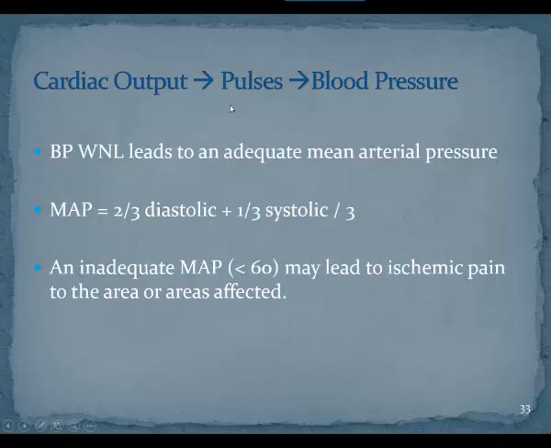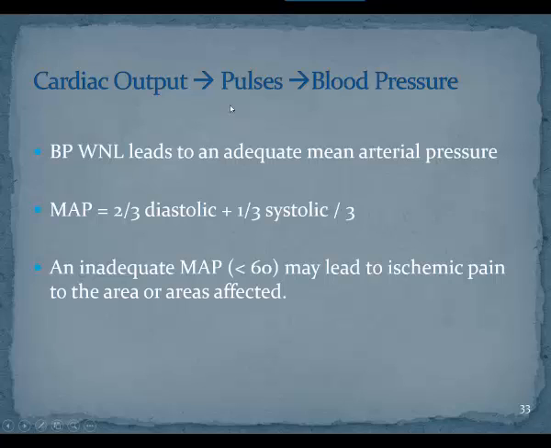How we find that is if our patient has a good cardiac output, they will have strong pulses that can be palpated and a blood pressure within normal limits. If their blood pressure and heart rate are within normal limits, they're going to have a good or adequate mean arterial pressure. The heart spends twice as long in diastole, and during that time it is perfusing the coronary arteries, than in systole, which during that time it is perfusing the body.